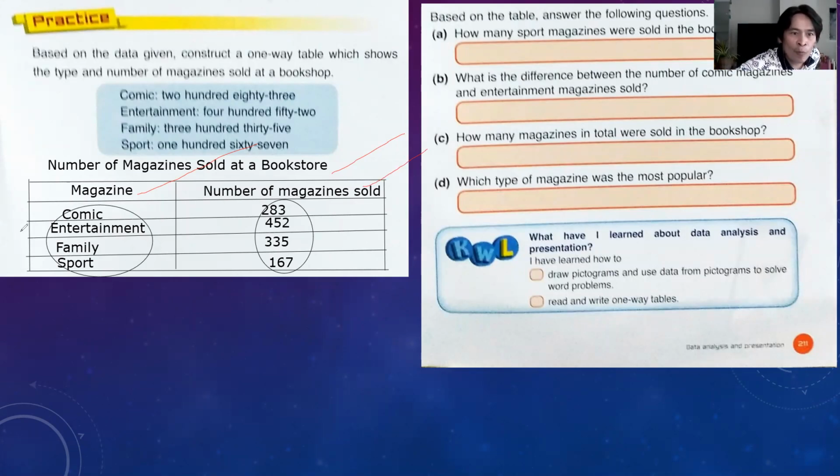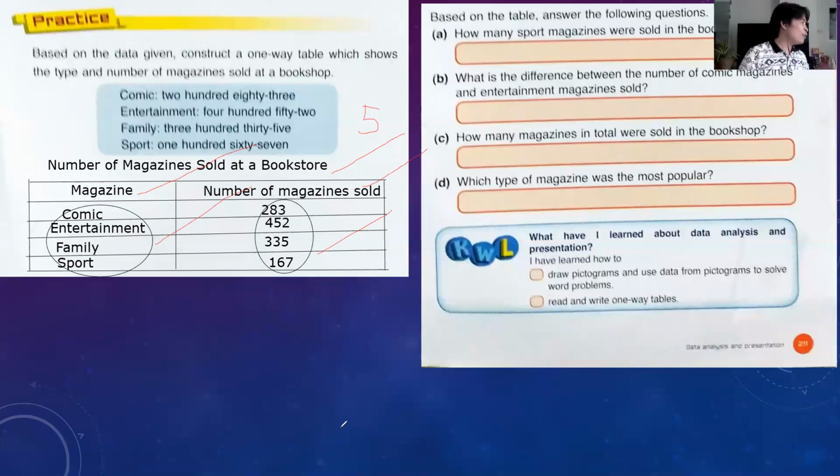And then the information is 1 point, making 4 points. And of course, the quantity or the number of magazines is another point. So you have 5 points. Yay, you got 5 points today because Teacher Chris helped you. And you are hardworking today.